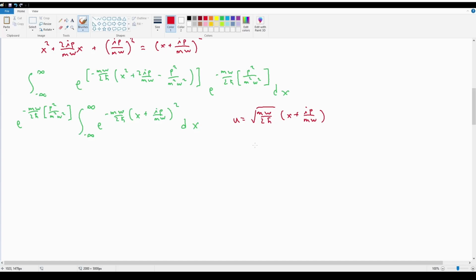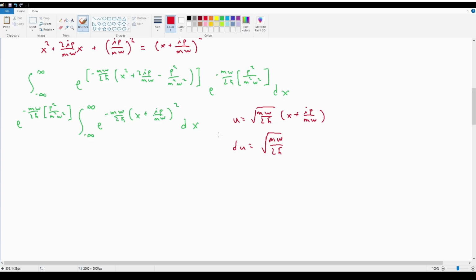And if I do this, in that case, du is going to equal the square root of m omega over 2h bar, and the x disappears, and that latter term is just a constant, so we just ignore it.